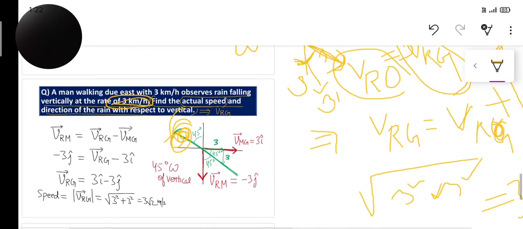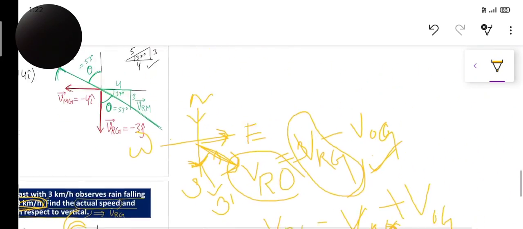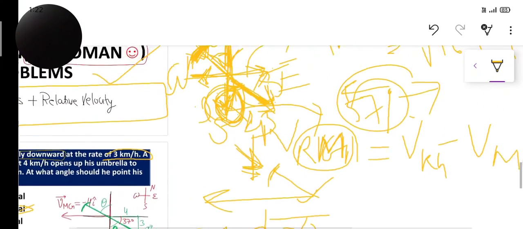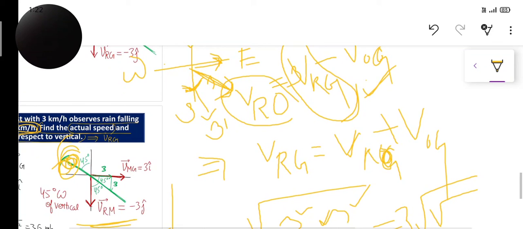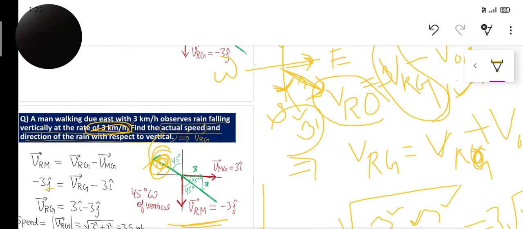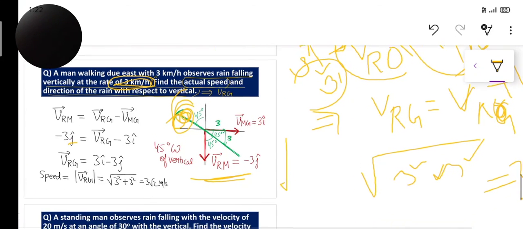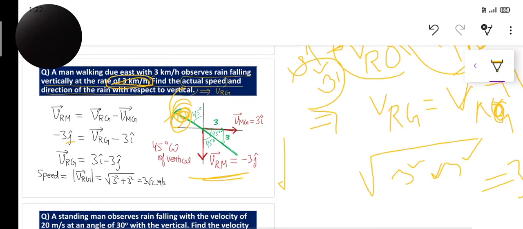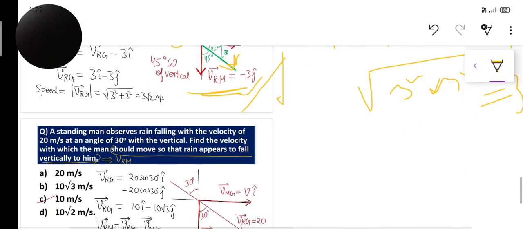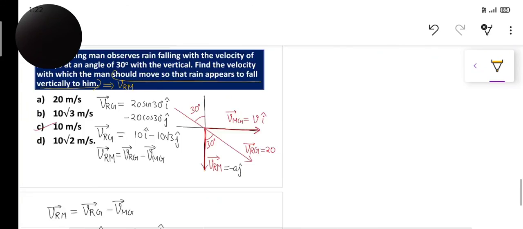Here the direction is not written. It is minus only because it is in the downward direction. My drawing is the same. Because of the downward direction it is written as minus and nothing else. But this is the final direction, it is sure.